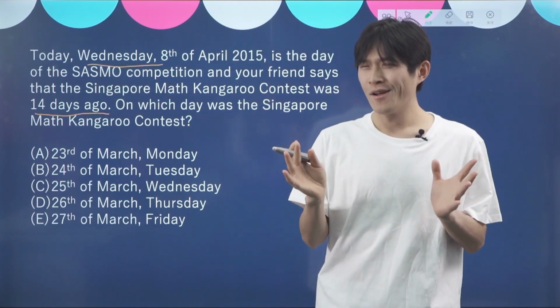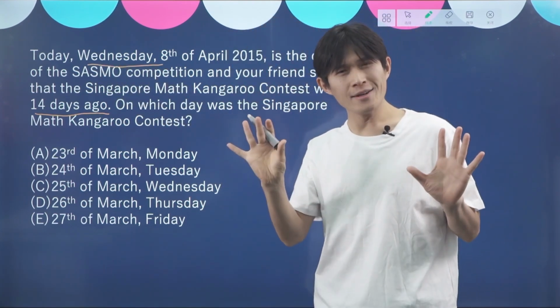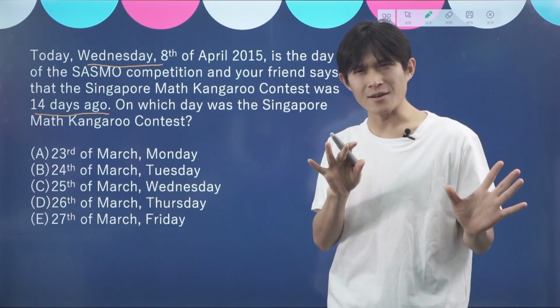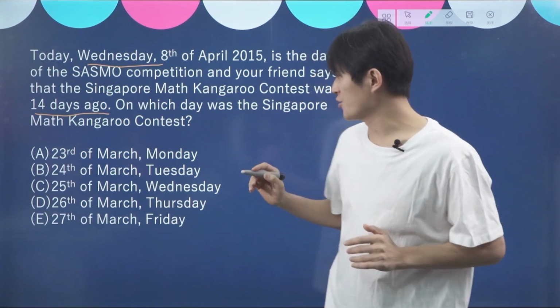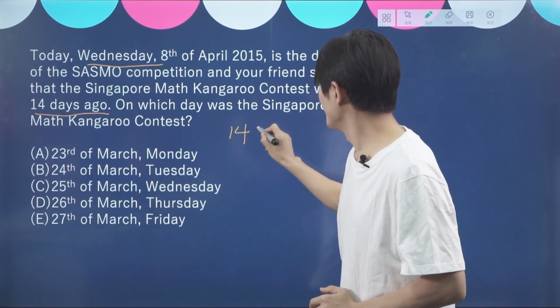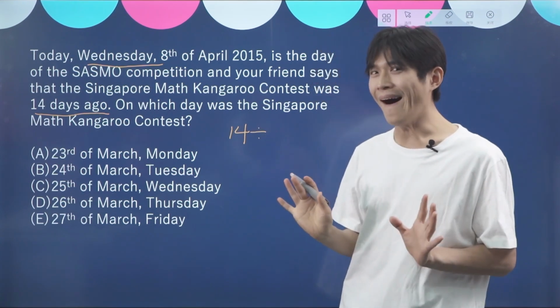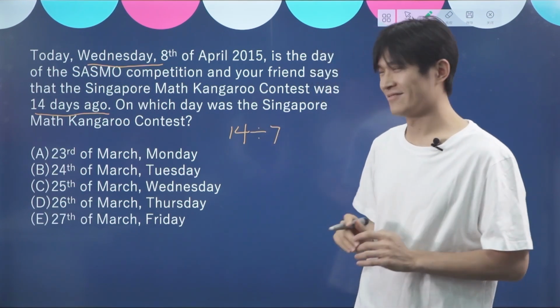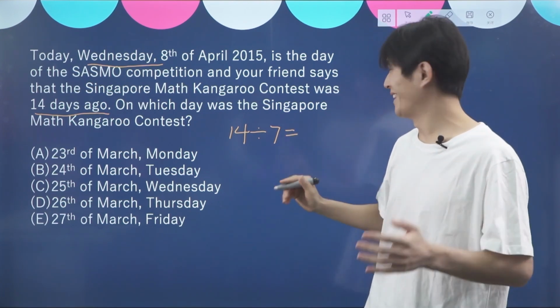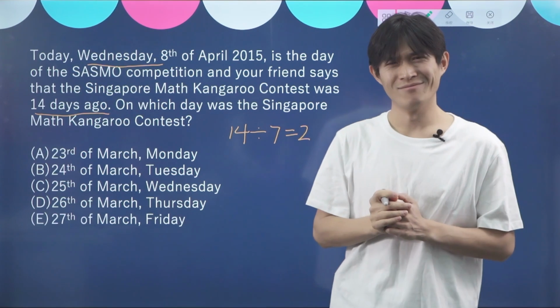So you know, each week has 7 days. So for 14 days ago, we will use a division. So here we go. 14 divided by 7, that's a week, equals 2.